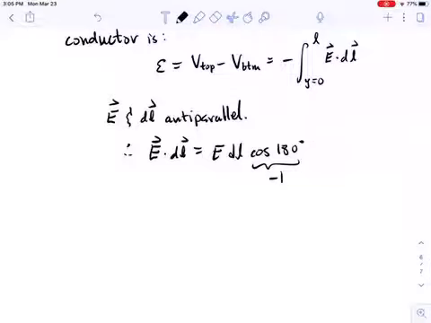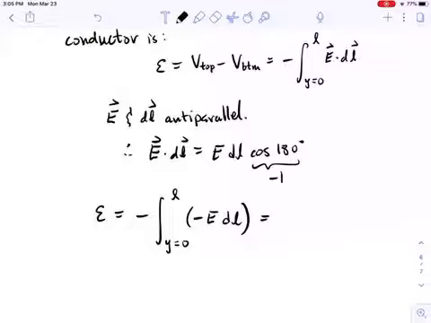And so this induced EMF is going to be equal to minus the integral from y equals 0 to L of minus E dl. The electric field in our conductor is constant. It's like a charged capacitor. And so we pull out the minus E. The two negative signs cancel, and we get E times the integral of dl from 0 to L, which is just equal to E times L.